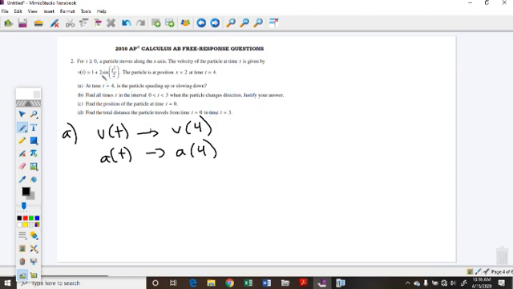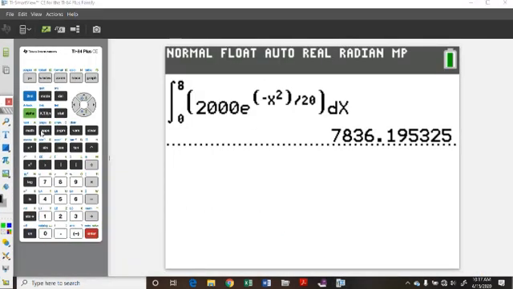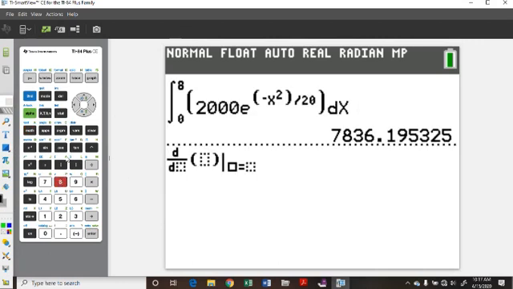Alright, put in your function. You can use the table input for A of t, which remember is the same thing as V prime of 4. You can use math 8. Okay, you can go straight to here and you can do math 8. Alright, d dx.